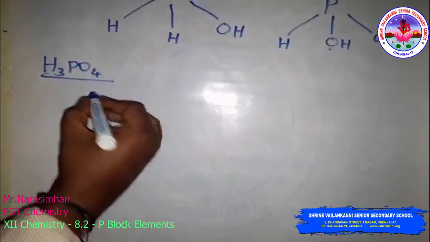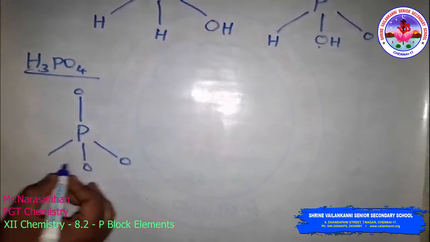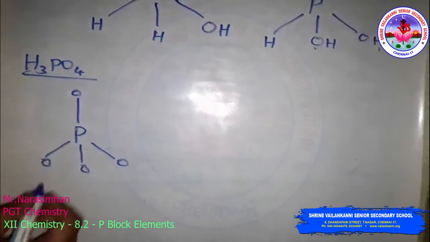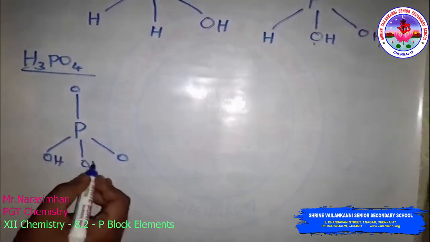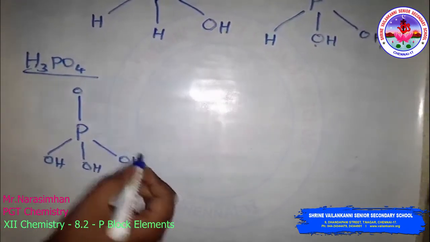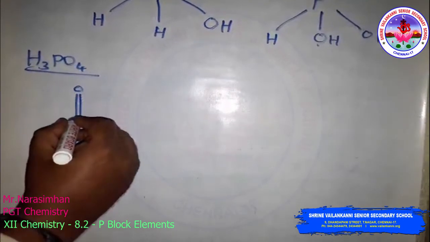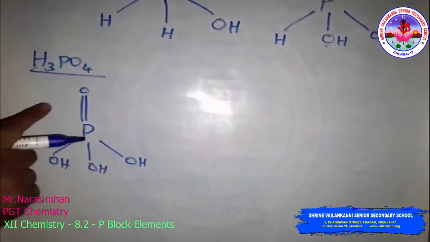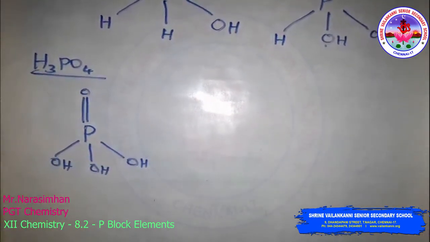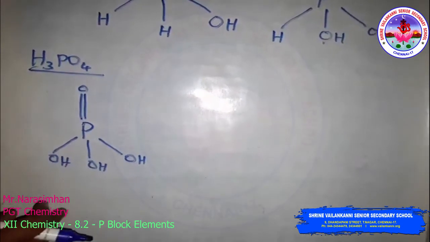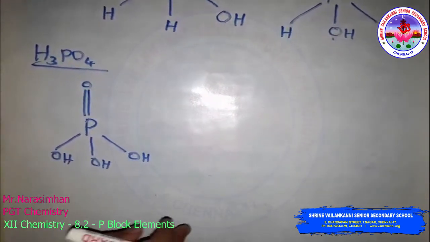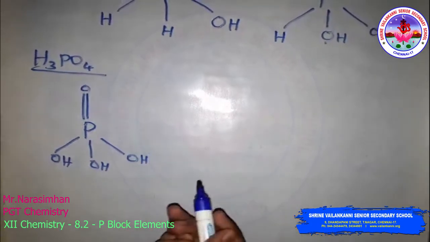So put 4 oxygens first, then write 3 hydrogens like this. Then the remaining double bond you have to write. So this is called orthophosphoric acid. Then pyrophosphoric acid.